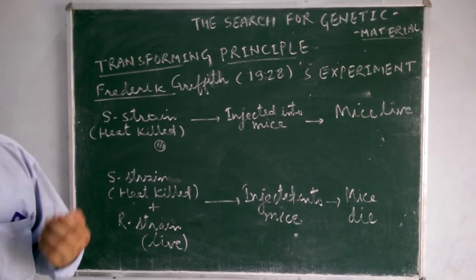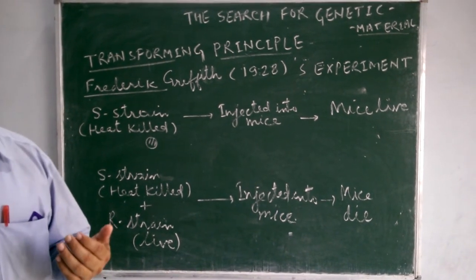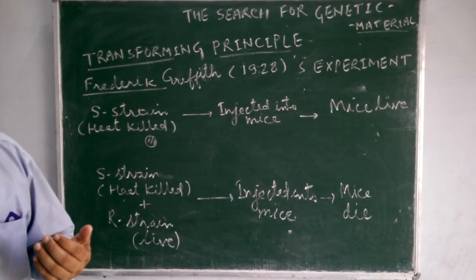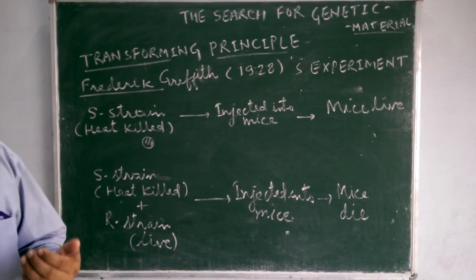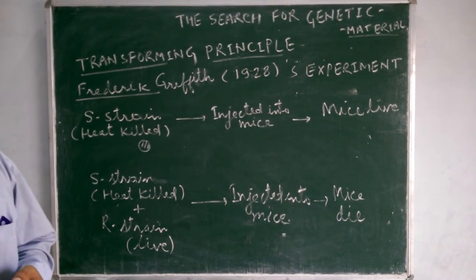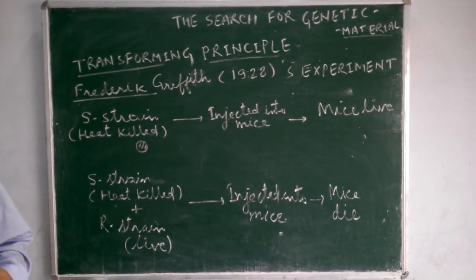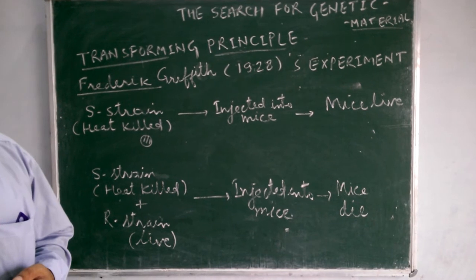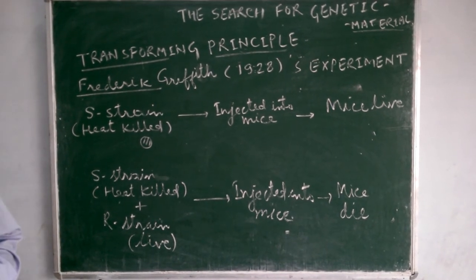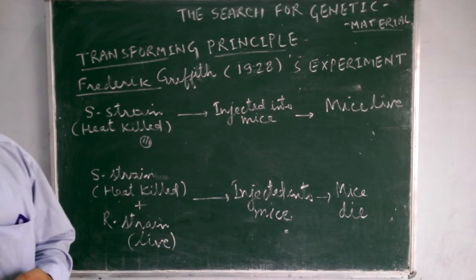So Griffith explained that there was something in the heat-killed S strain bacteria which could not be destroyed by heating, and that converted R strain bacteria into S strain bacteria, which could cause disease in the mice, and the mice died. He called this a transforming principle.